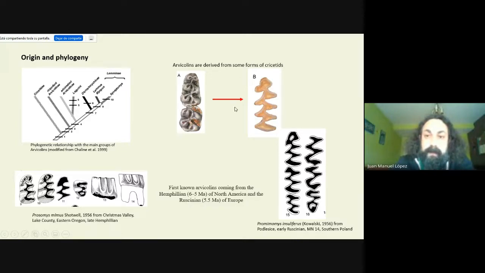These tubercles of Cricetus are elongate and form these different types of triangles. And we can find here the first species that is recognized as an arvicolid, Promimomys insuliferus, which comes from Poland.